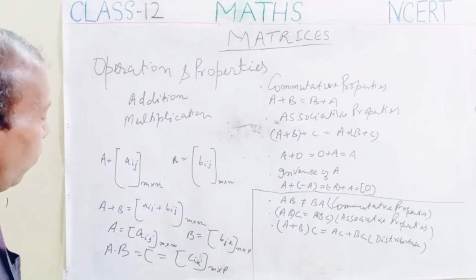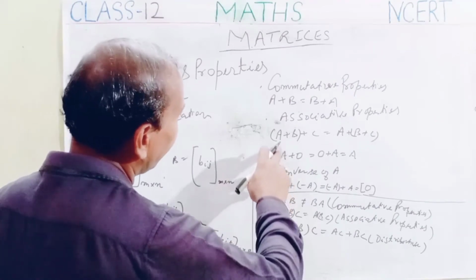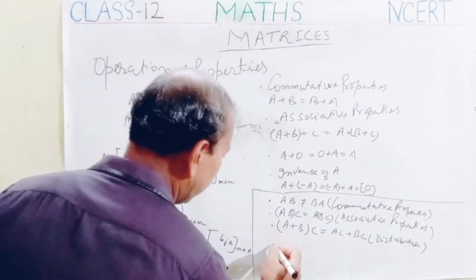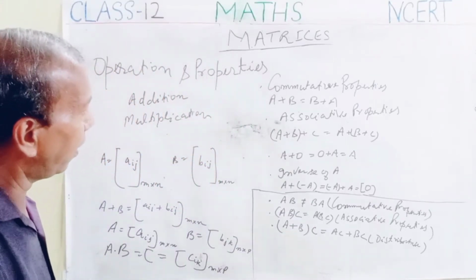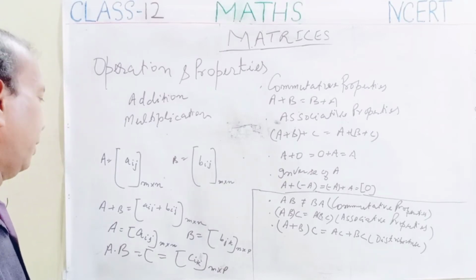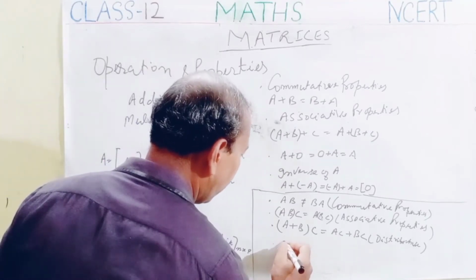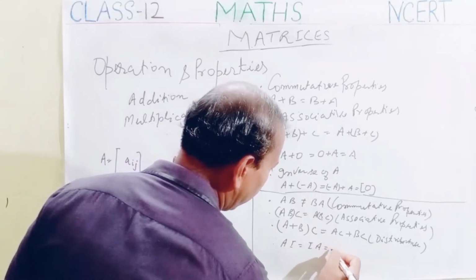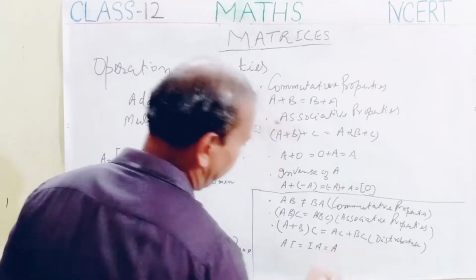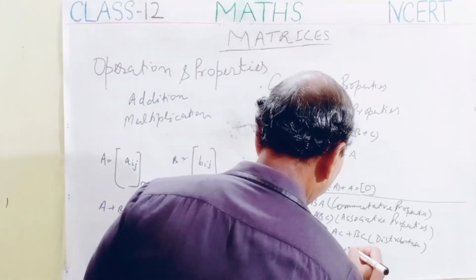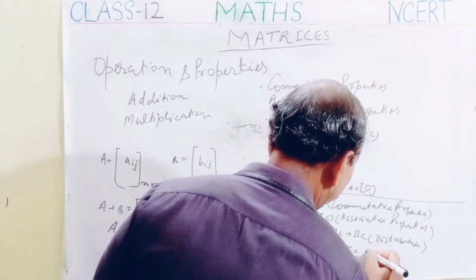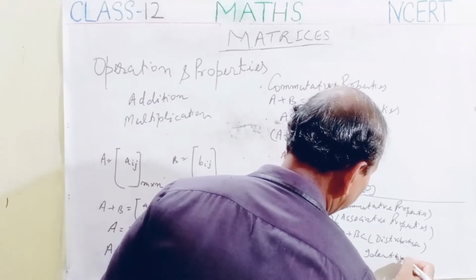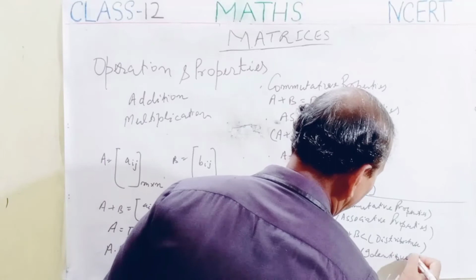And we had seen the additive identity, that is the zero matrix. Similarly, multiplicative identity means that A into I is equal to I into A is equal to A. Then this I is called the identity matrix.